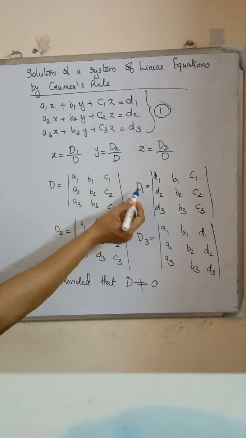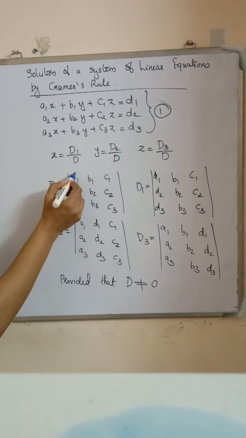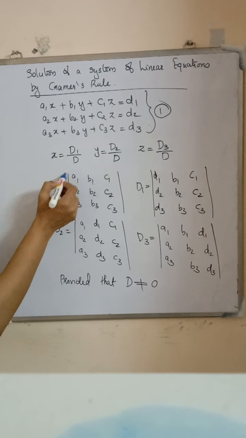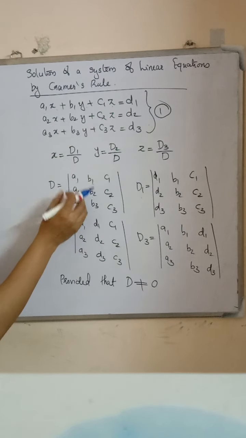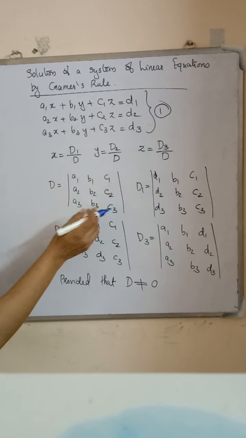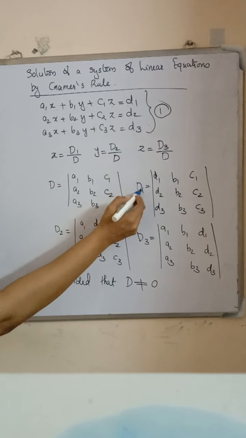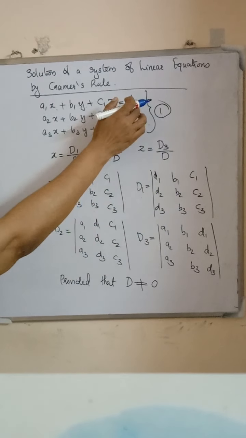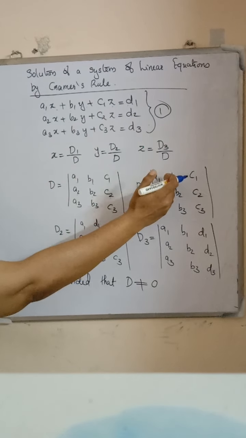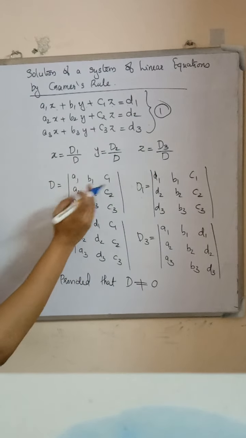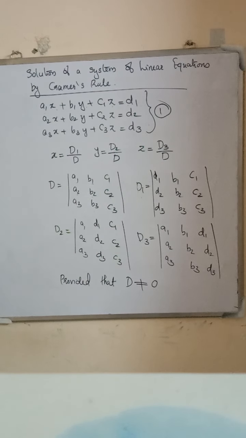And d1 is obtained by removing the first column from d and substituting d1, d2, d3. In the determinant d1, the first column is d1, d2, d3 and the remaining columns are same as in the determinant d.